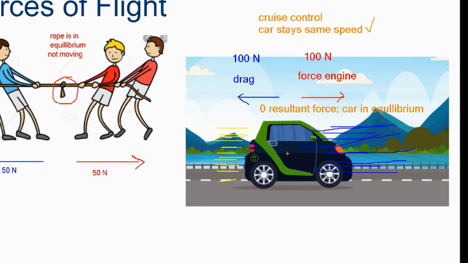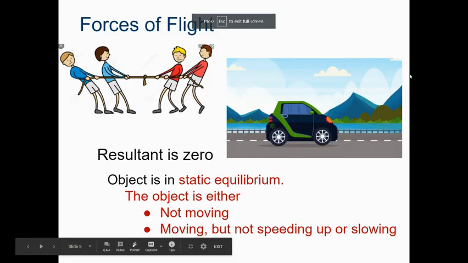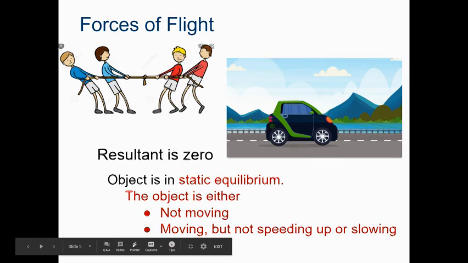So this car is not stationary. This car is moving, but we have two forces acting on it that keep it at the same speed. So just like the last slide, when the resultant is 0, the object's either not moving or it's moving, but it's not speeding up or slowing down.